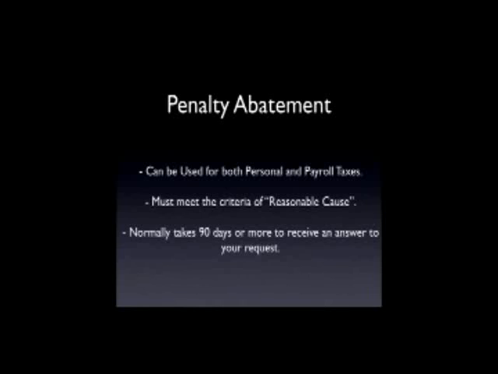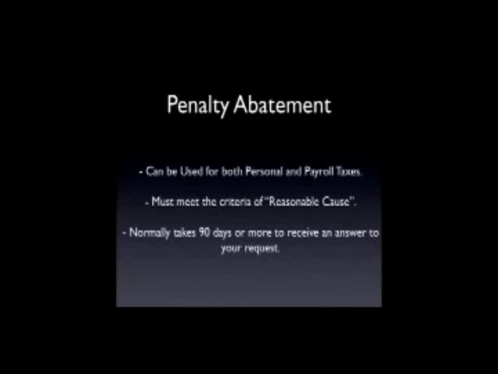So you have to offer some reasonable explanation of why the penalties shouldn't be paid and why they should be abated. You have to offer a reasonable explanation for why the taxes weren't filed and/or weren't paid on time.